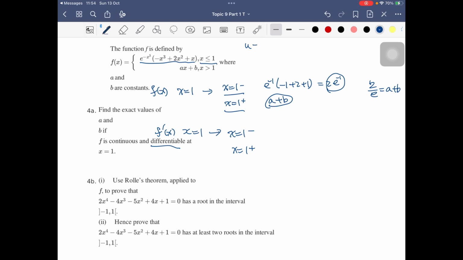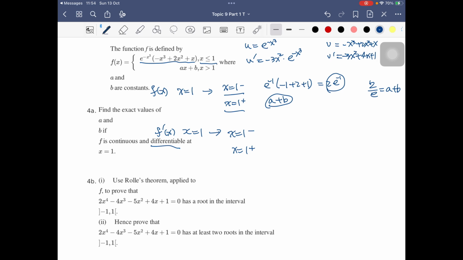So u is e to the negative x cubed, u prime is negative 3x squared times e to the negative x cubed, and v is negative x cubed 2x squared plus x, v prime is negative 3x squared plus 4x plus 1.